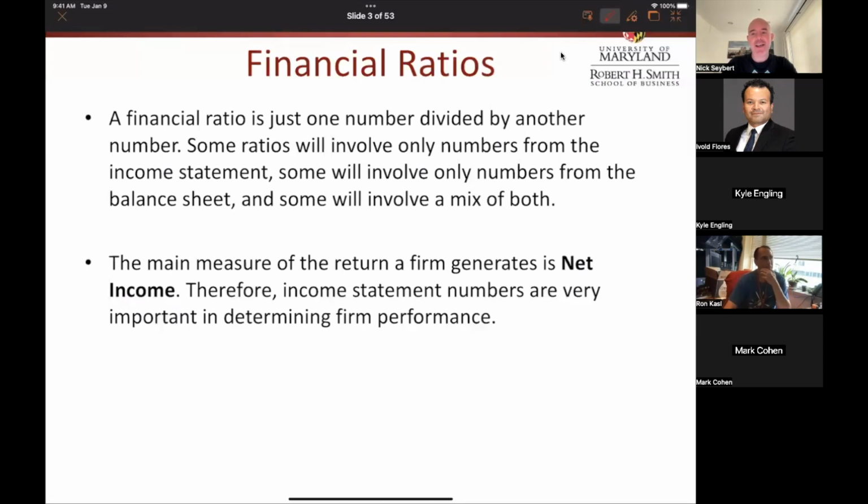Where we talked about net income as the metric that shareholders use to figure out, is this company earning enough money based on our expectations? Okay. So logically, by extension, some of our most important financial ratios will have net income in there, because if it's a return on something, then you're usually talking about net income.